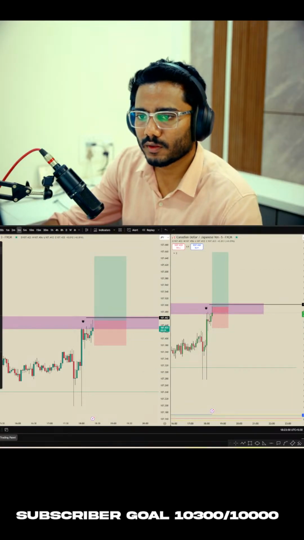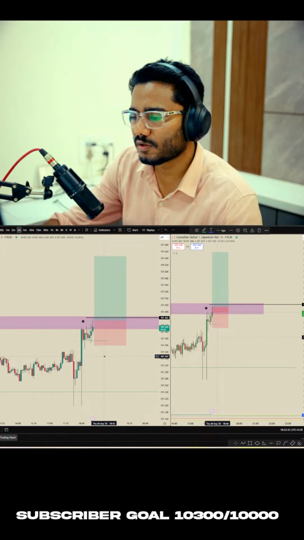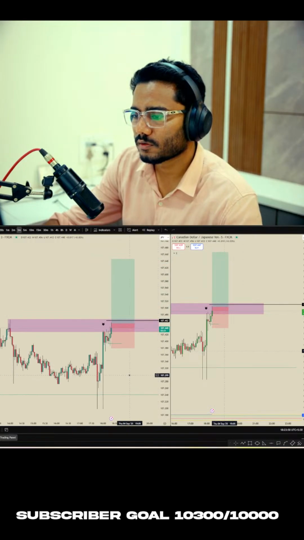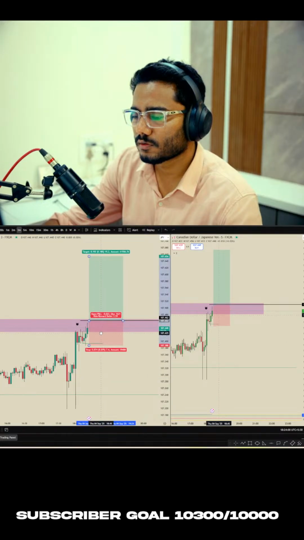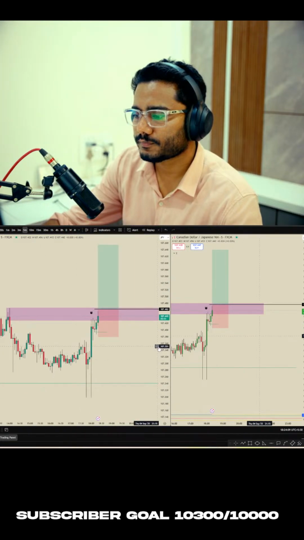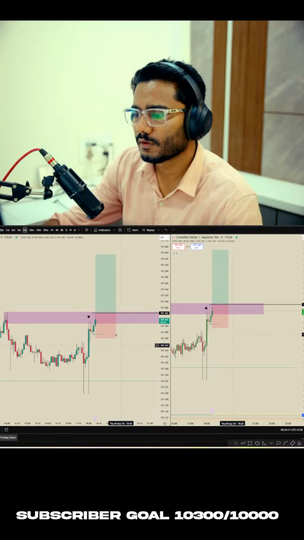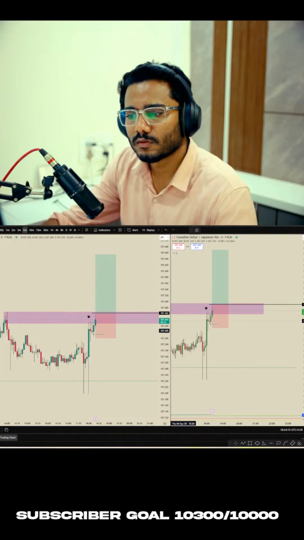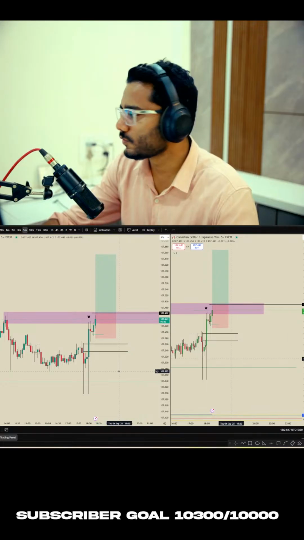So right now we have this candle which took out the previous liquidity. So that's where we can put our stop loss. There is imbalance below our block, which is this one.